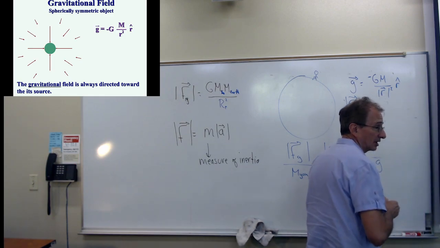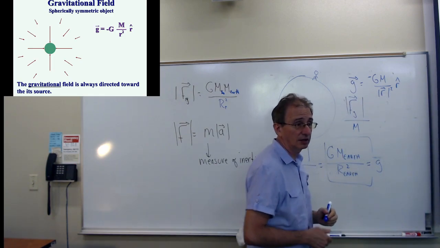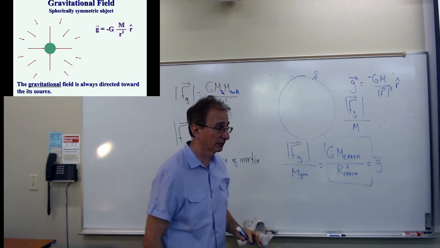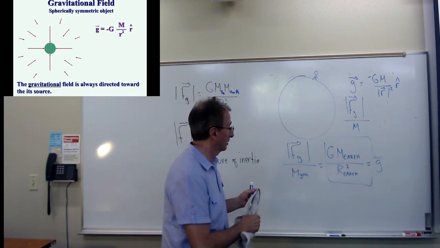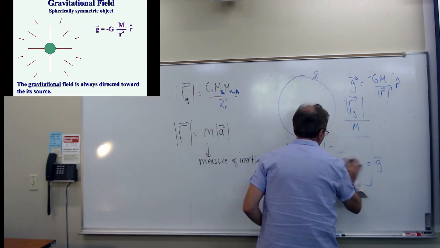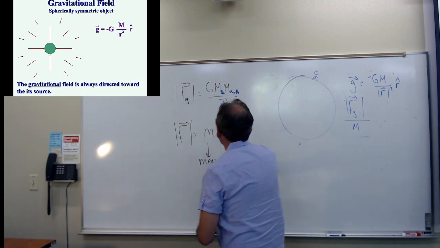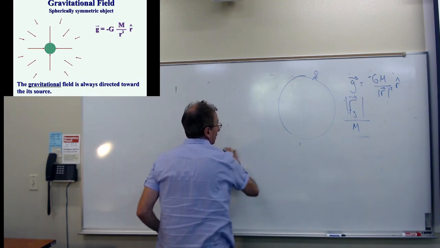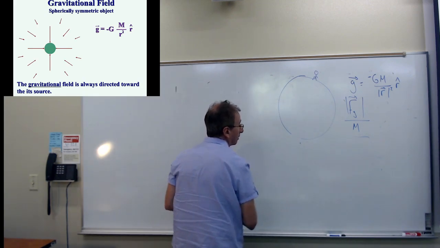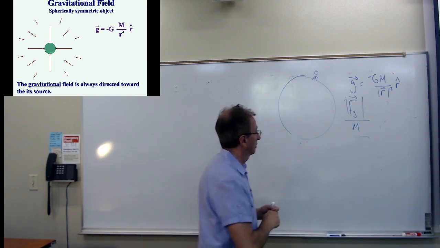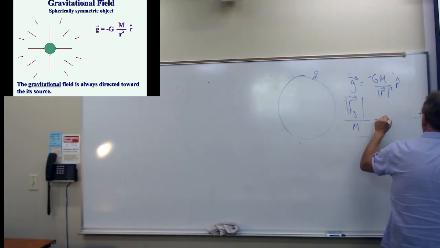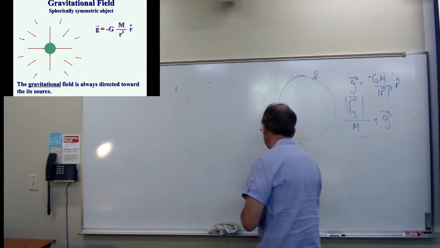This mass is called a test mass. It's small enough that it doesn't affect the field produced by the object, which here we're focusing on the Earth.